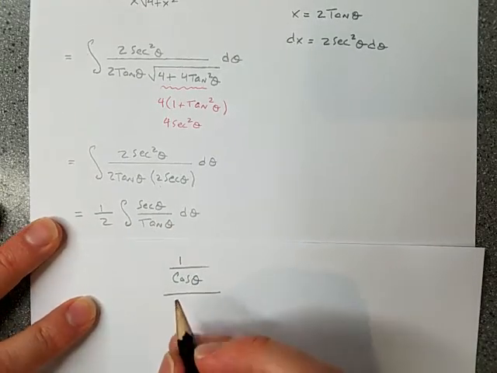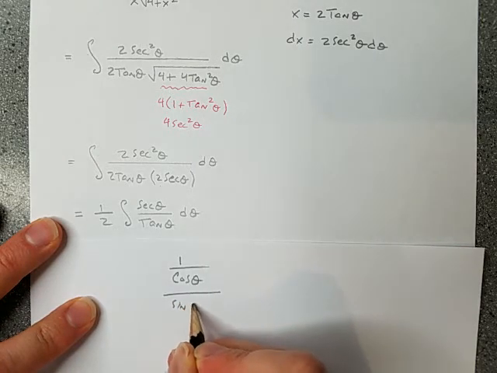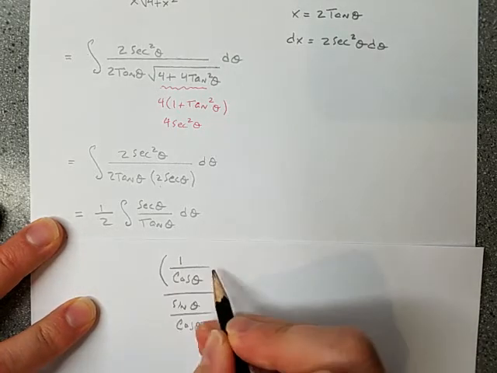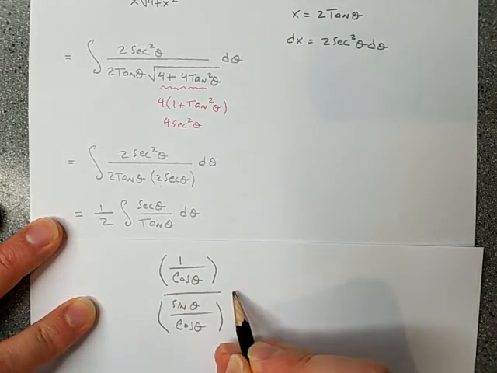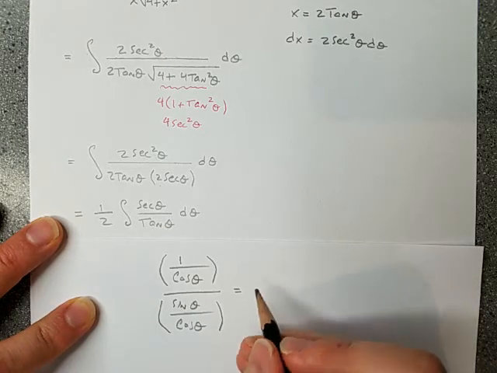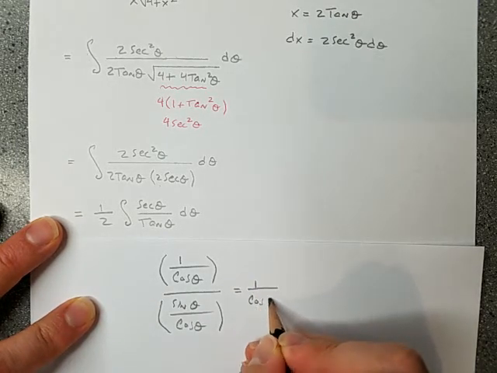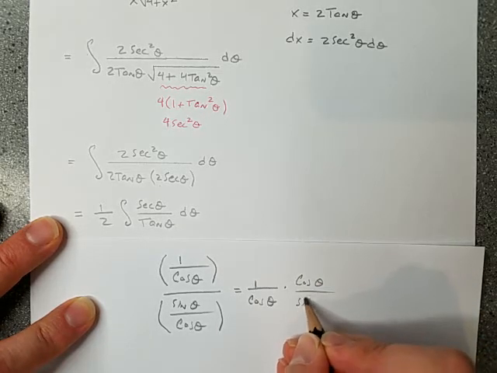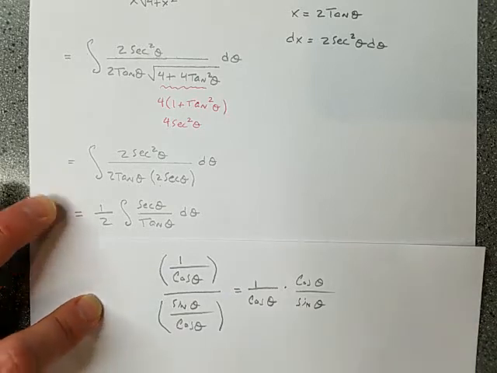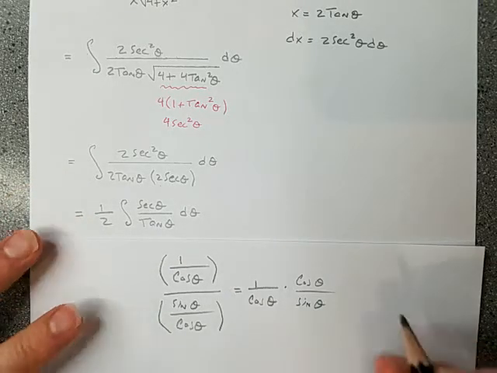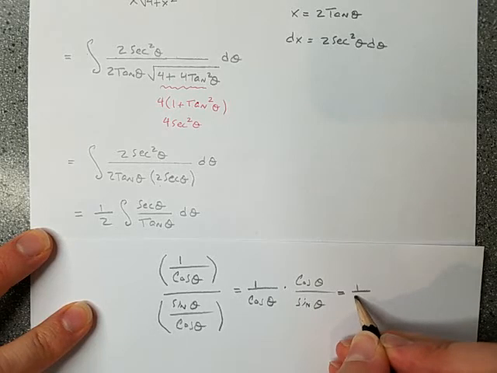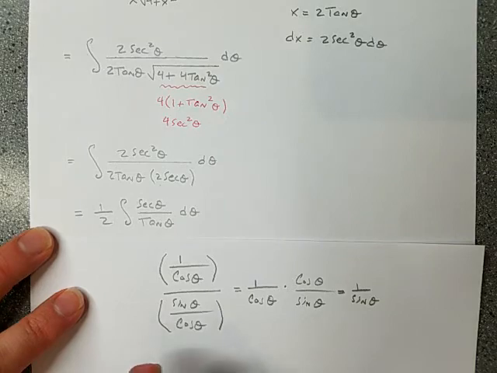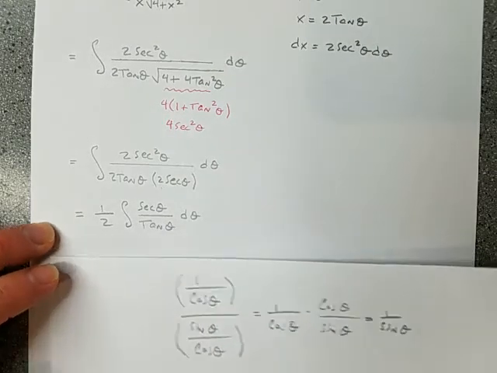Secant's 1 over cosine. Tangent is sine over cosine. So that would fairly easily simplify. I'm dividing this fraction by that one. And then we could do that this way. This is 1 over cosine. And this is cosine over sine. Okay? All right. And so, yes, that does reduce to 1 over sine theta. All right. So that's what we're looking at here then. 1 over sine theta.